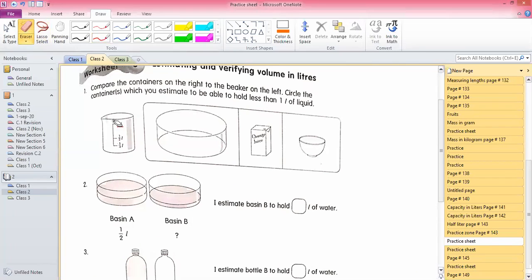You have to compare the container on the right to the beaker on the left and circle the container which you estimate can hold less than 1 liter of liquid.